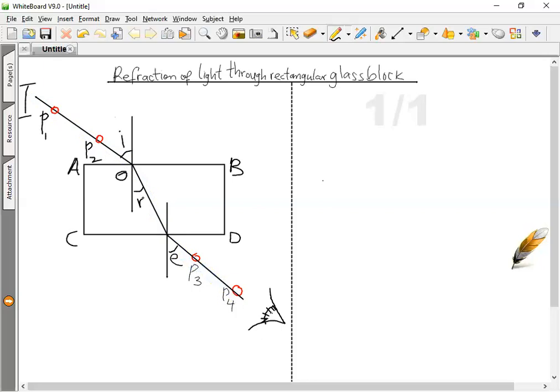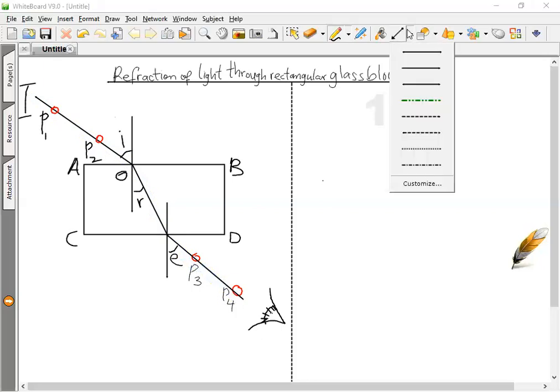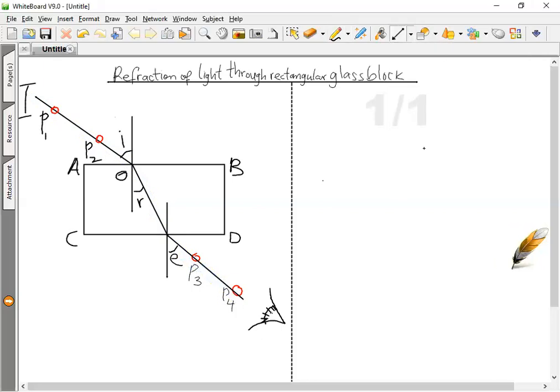But all the same, we are not yet done. Look at this line, this incidence ray. Let me prolong it. I will try and get that adjusted anyway. Sorry for the technical glitch, please.